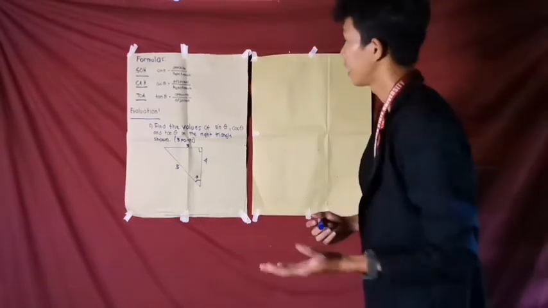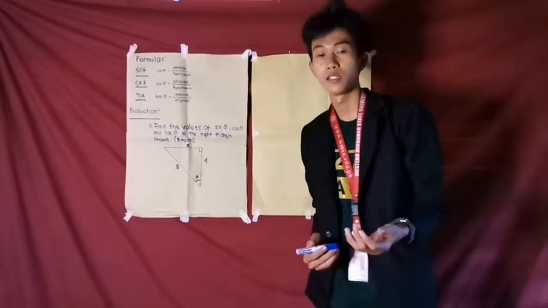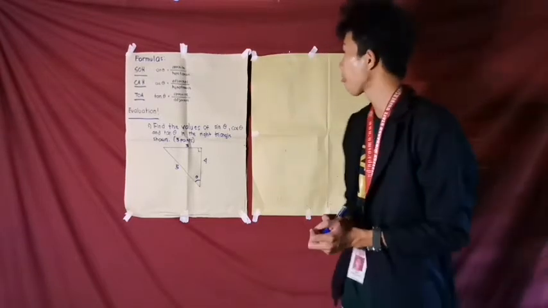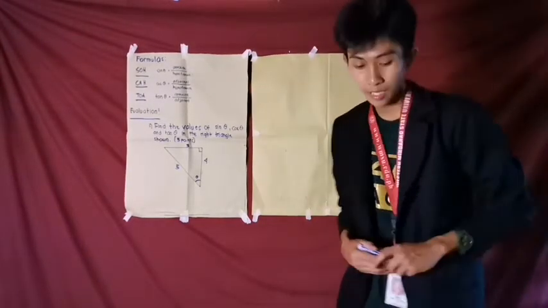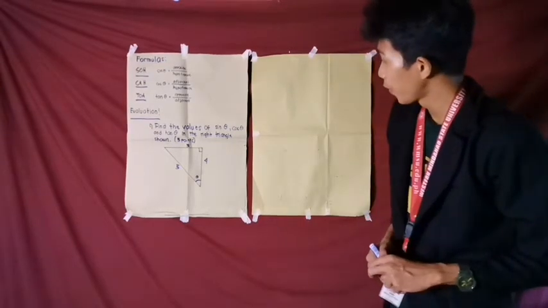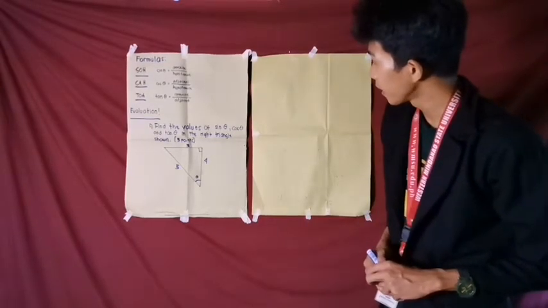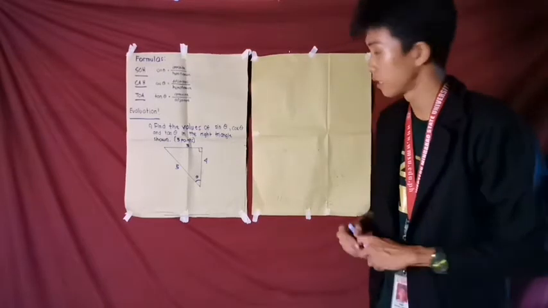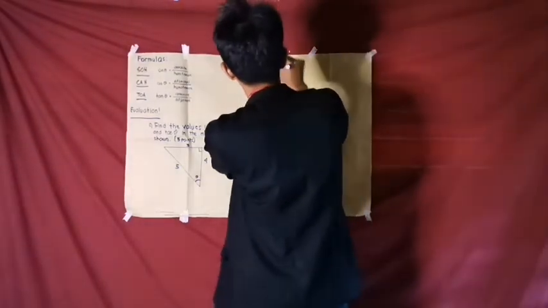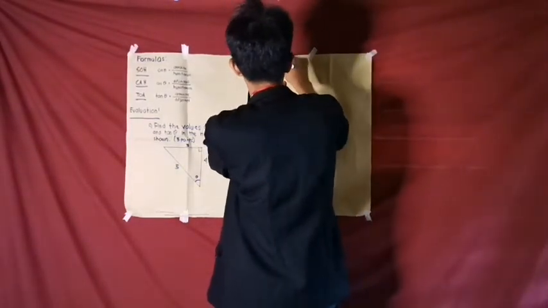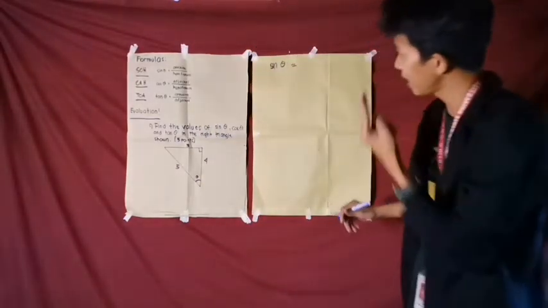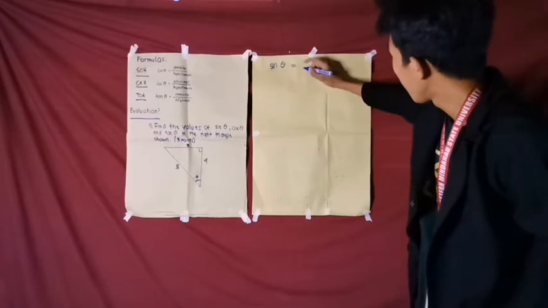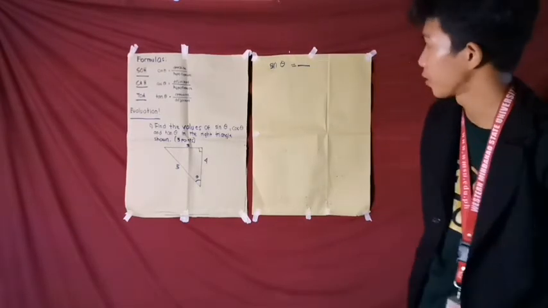Okay, now, class. Are you finished? Time's up. Now, we will check your answer. First, we are told to find the sin. The formula of the sin is the opposite over the hypotenuse.